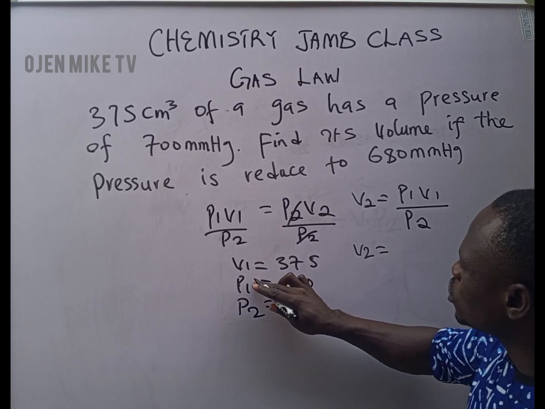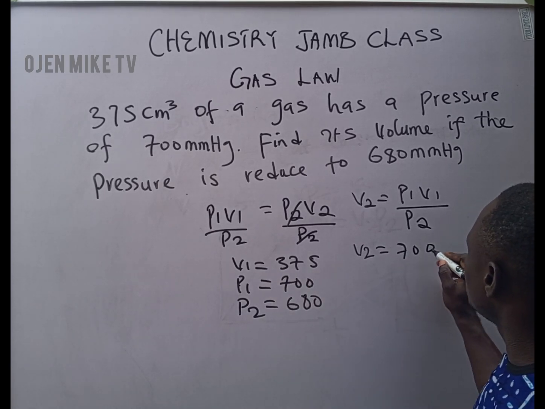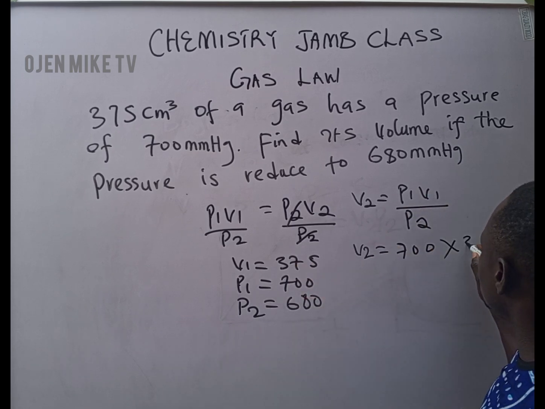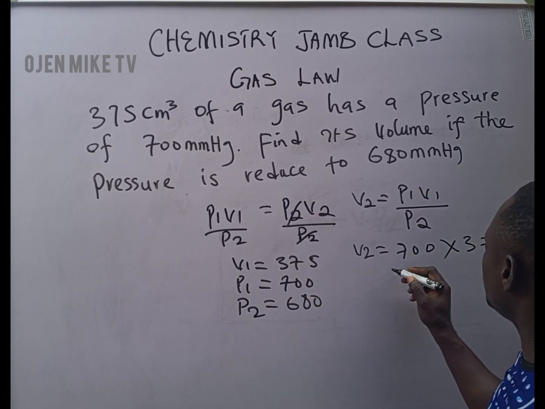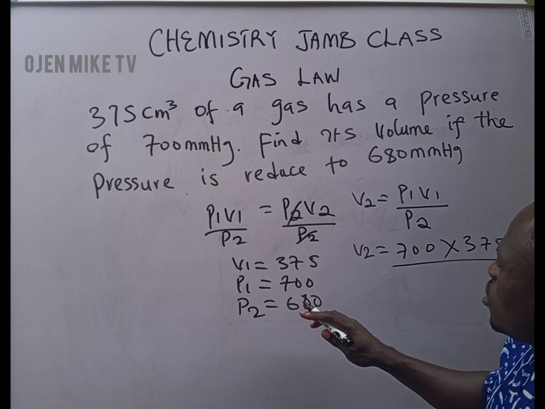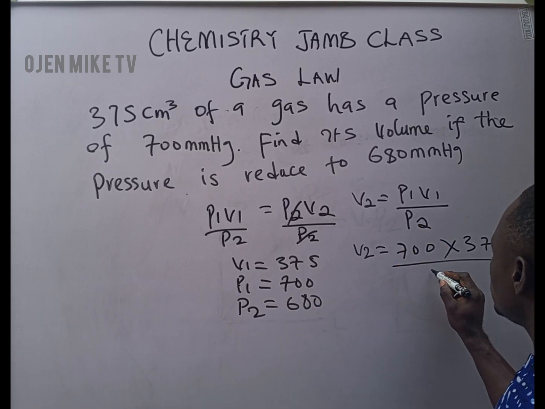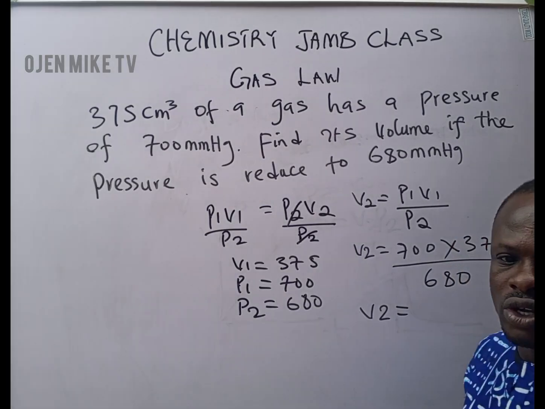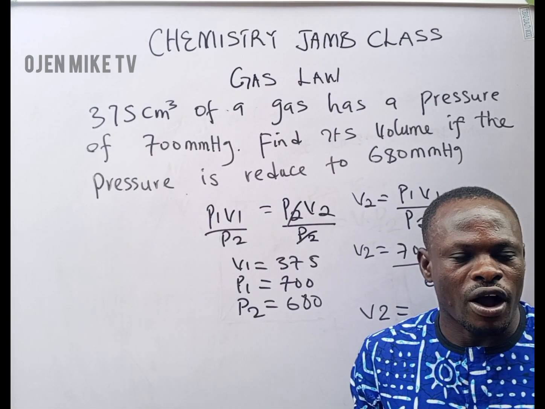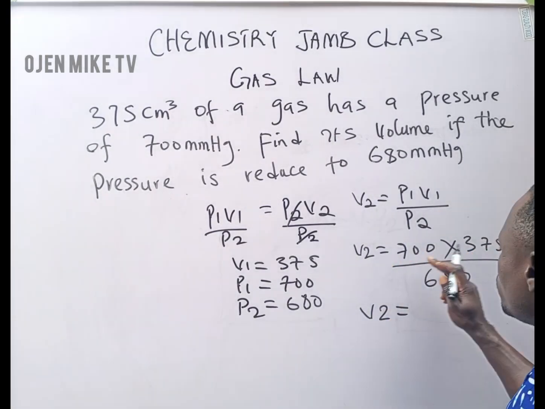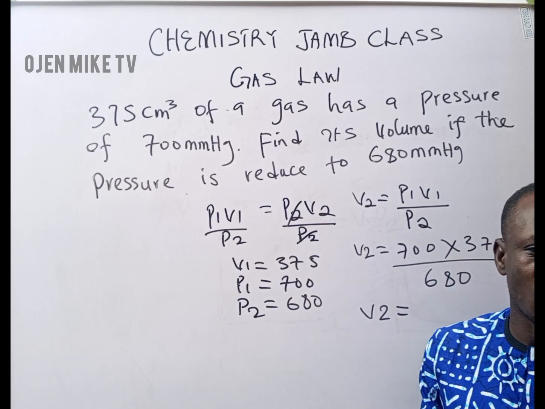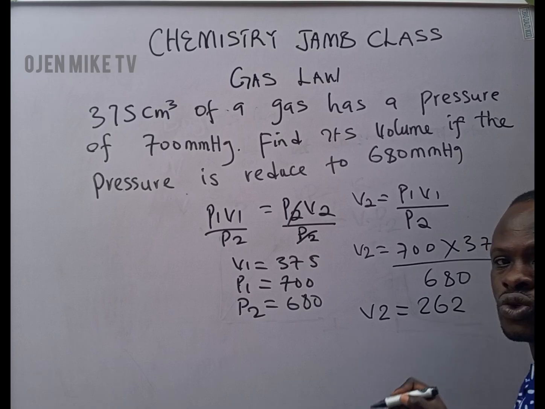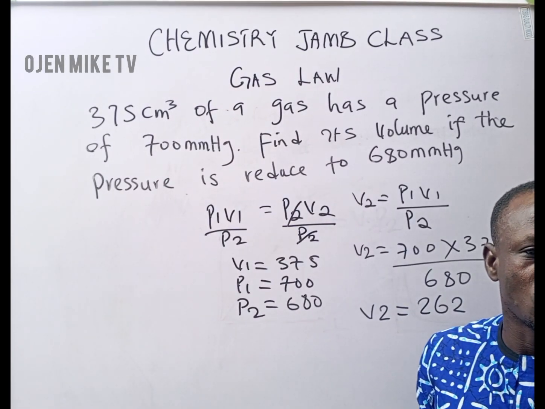Now we put into our formula. V2 will be equal to pressure 1, which is 700, times volume 1, which is 375, all over our P2, which is 680. What should be our V2? If you multiply this one by this one, you are going to have 262,500. Punch it on a calculator.